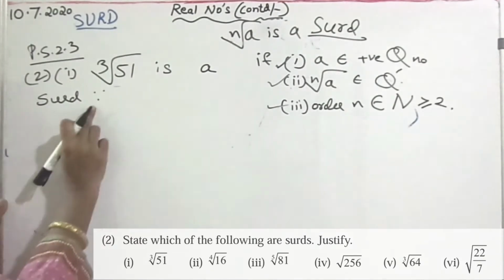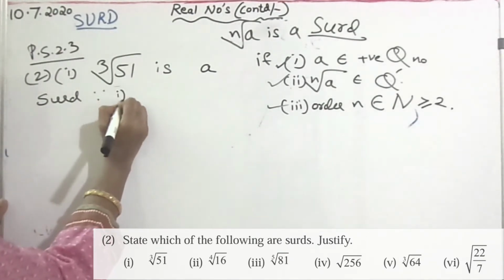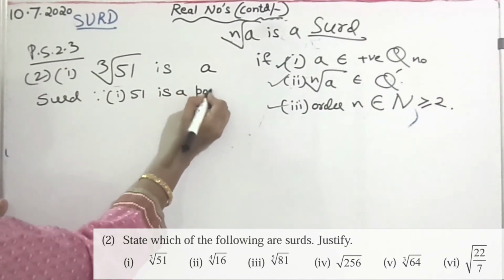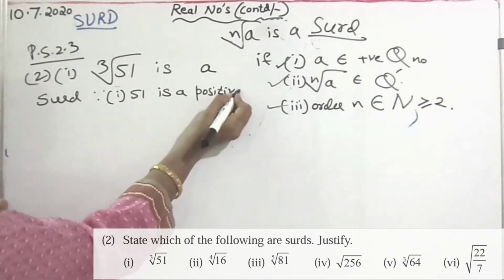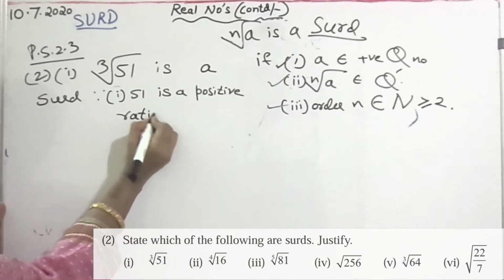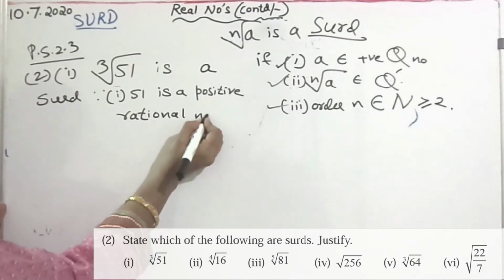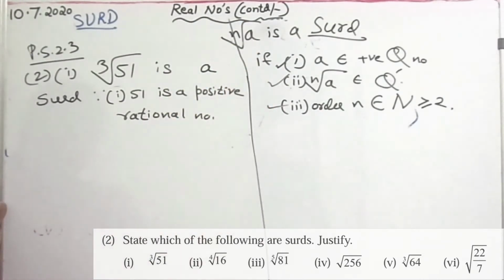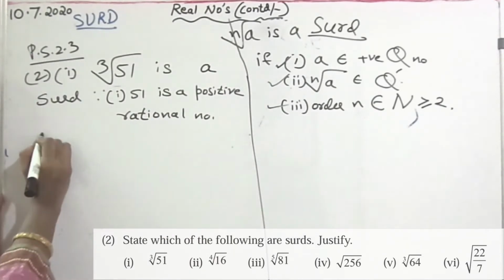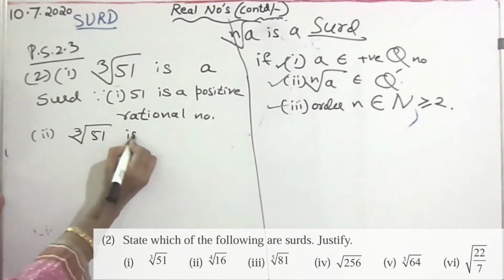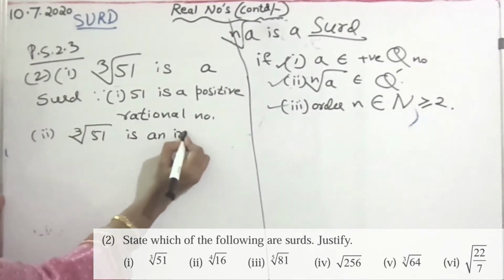Because, the sign means because. First, 51 is a positive rational number. This is in the working column. 51 is a positive rational number. Second, cube root of 51 is an irrational number.